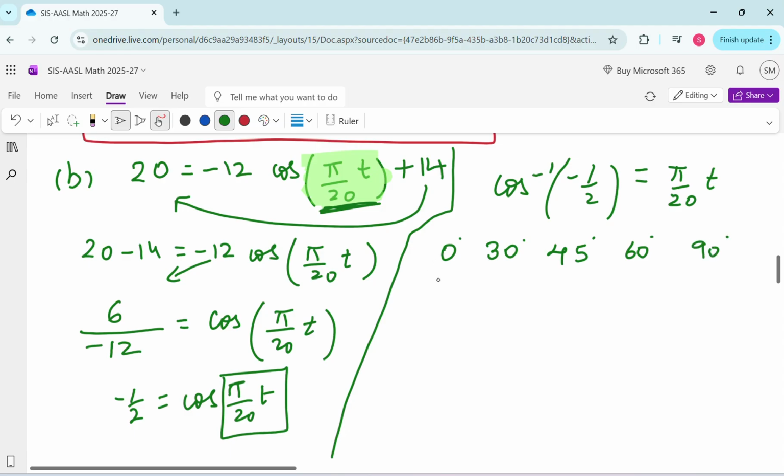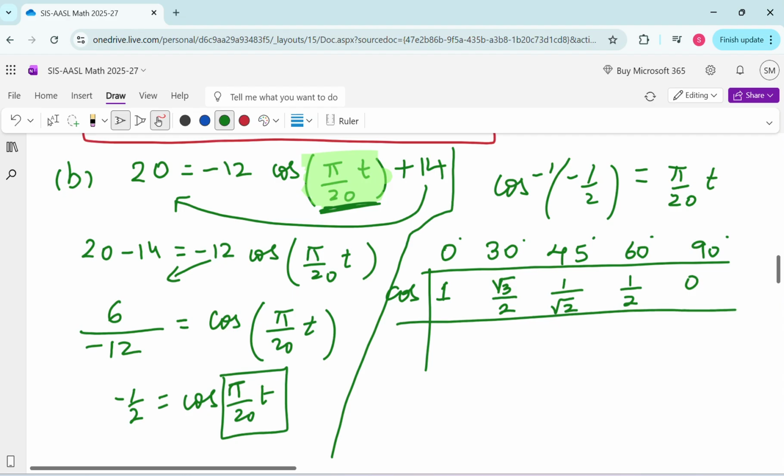And for cos, cos 0 is 1, cos 30 is root 3 by 2, cos 45 is 1 by root 2, and cos 60 is half, cos 90 is 0. This you got to remember. But we have to find the angles in terms of radians only, not in terms of degrees. I just wrote this because this is what normally you learn from grade 9 onwards.